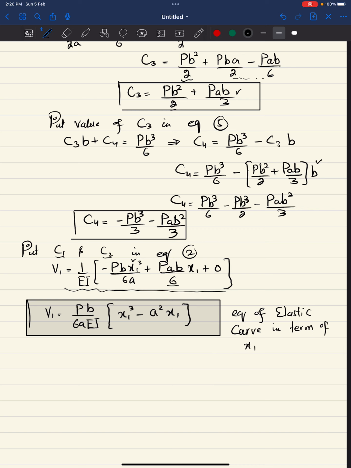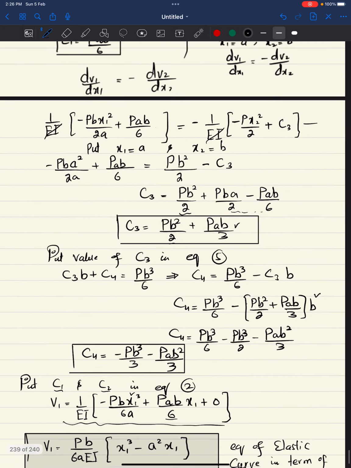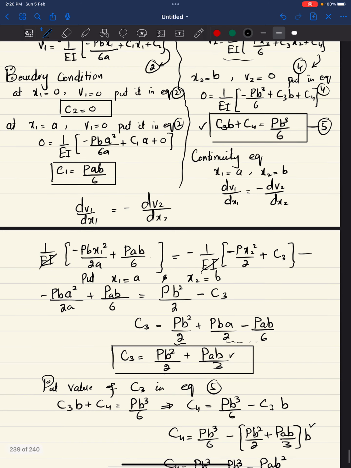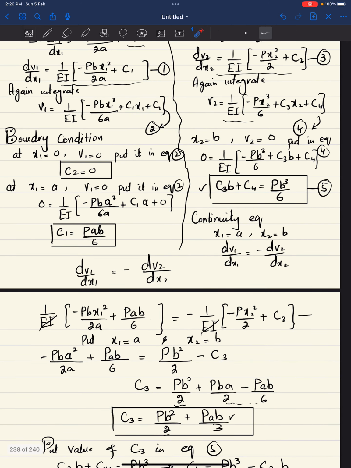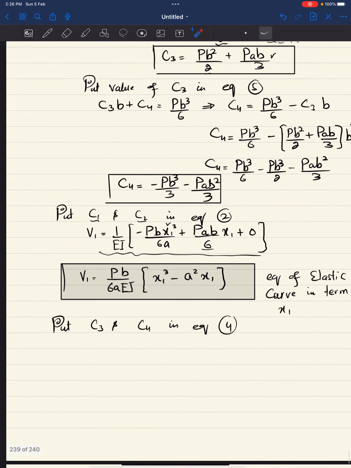Now what we will do is put C3 and C4 in equation number 4. So this is equation number 4. You can see this is equation number 4. Put the value of C3 and C4; C3 is this one and C4 is this one in the above equation.